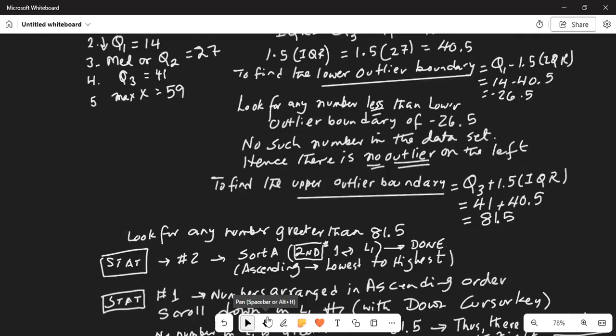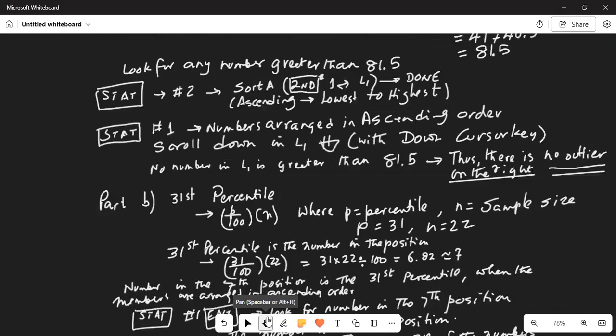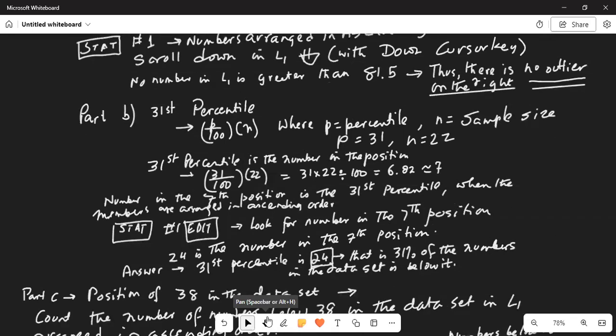Similarly, to Q3 we added 1.5 IQR to establish the upper outlier boundary. Again, we found there is no number greater than the upper outlier boundary, hence this data set has no outlier at all. Okay. Next, we had to find the 31st percentile.